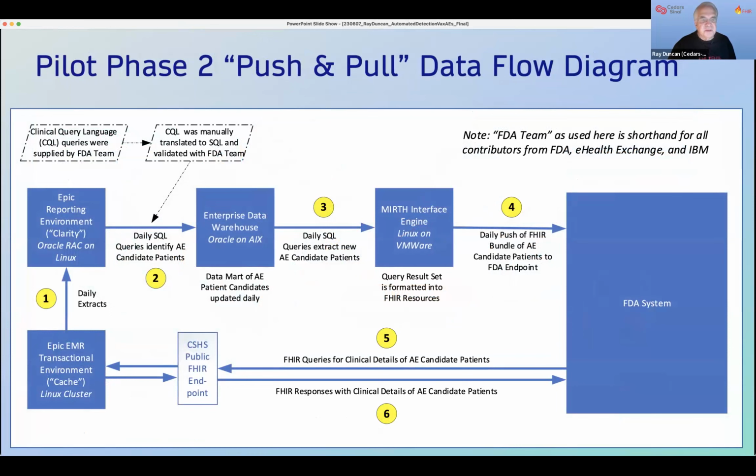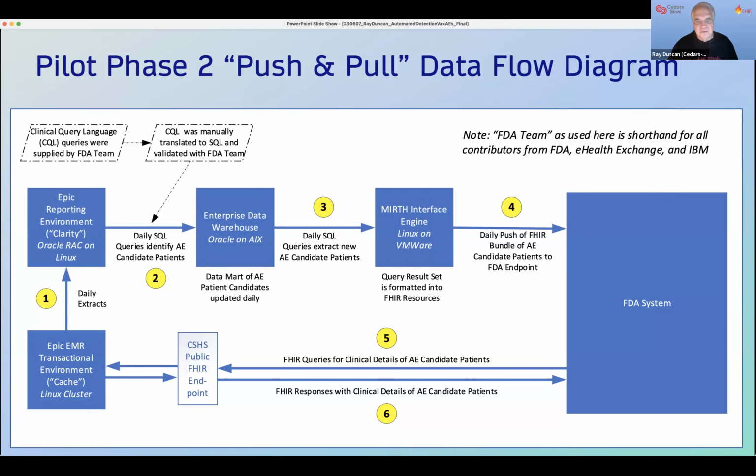So the FDA supplied the algorithms in the form of what they call clinical query language. You can actually find this on the HL7 website, though I have to admit I had never heard of it before. The database wizards on my team translated that to SQL, validated that with the FDA team, and then there's a daily job that runs those queries against the Epic reporting environment, creates a staging table in the enterprise data warehouse, which is separate than the Epic reporting environment.